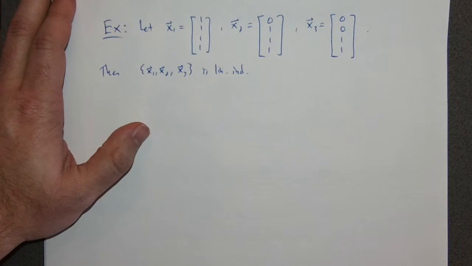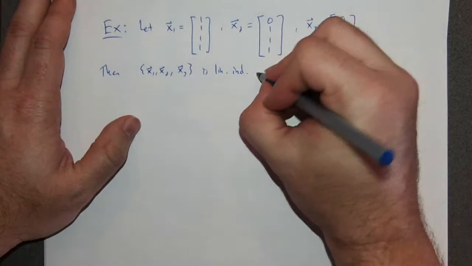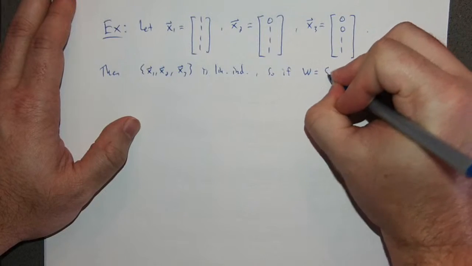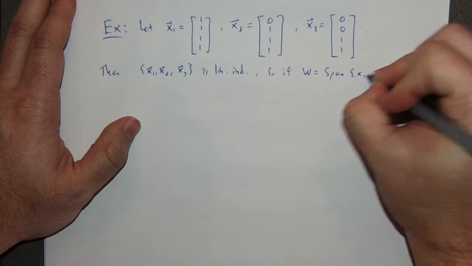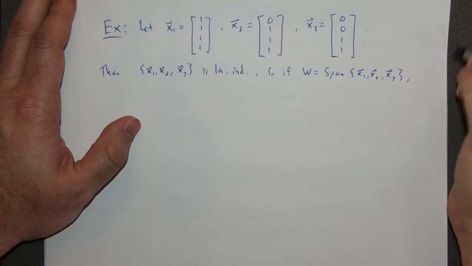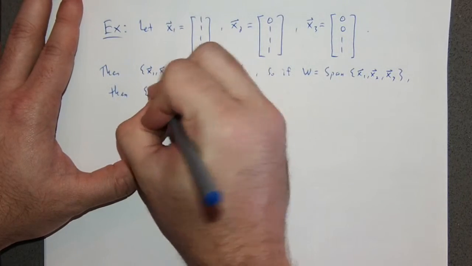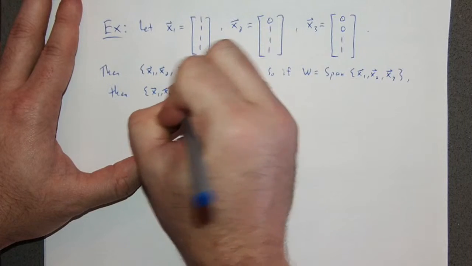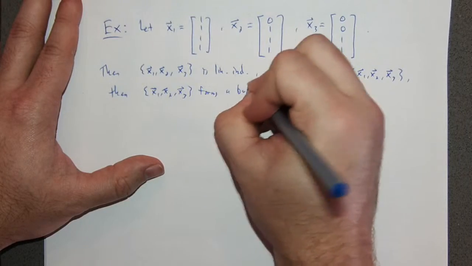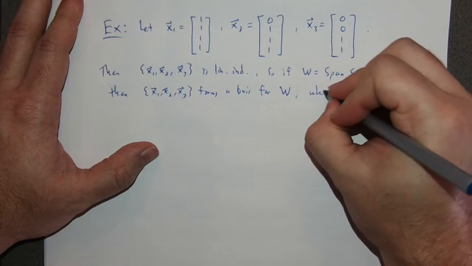And so they form a basis for some subspace W. If W is equal to the span of x sub 1, x sub 2, and x sub 3, then this set x sub 1, x sub 2, x sub 3 forms a basis for W, which is a subspace of R4.